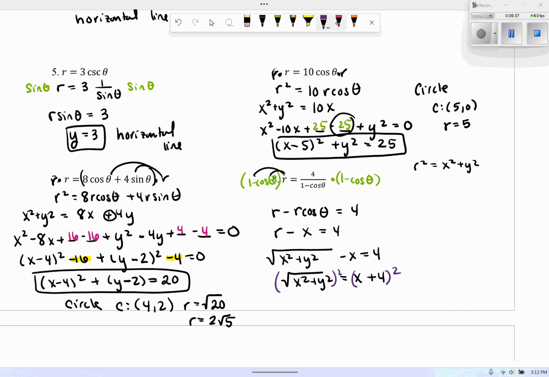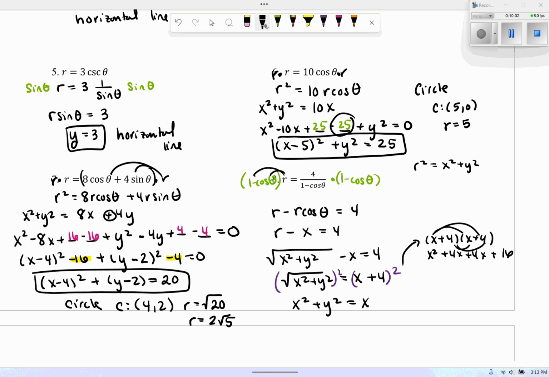I might think it's a circle, but it's actually not going to be a circle. So this is x squared plus y squared equals, and here, remember, this is x plus 4 times x plus 4. You need to FOIL that out. So if we were to FOIL this out, we would get x squared plus 4x plus 4x plus 16.